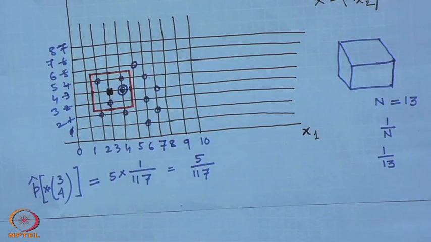Okay. So, this we have done in the case of one-dimensional features and 2-dimensional features. The same concept can also be extended to 3-dimensional features, 4-dimensional features, and n-dimensional features, simply by extending this concept of window function to a 3-dimensional window function, a 4-dimensional window function, an n-dimensional window function, and so on.